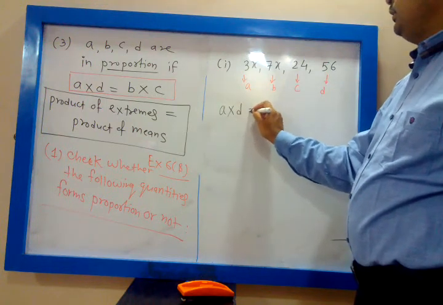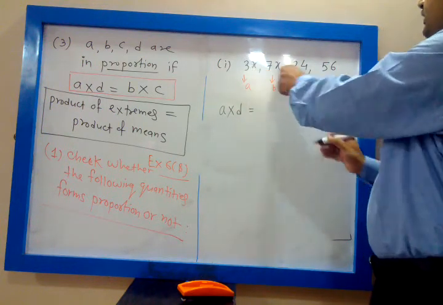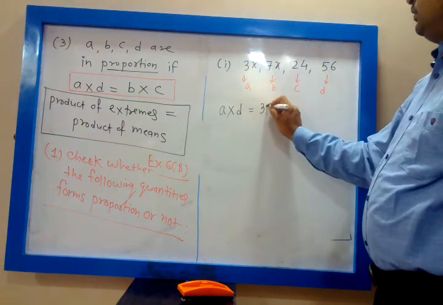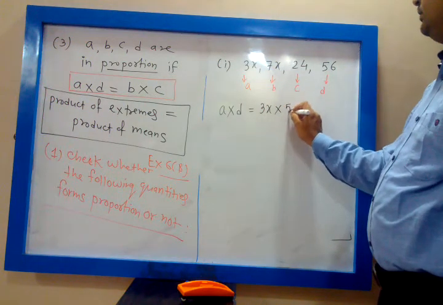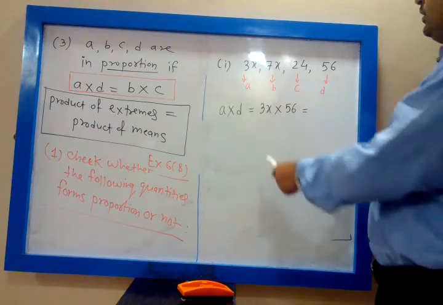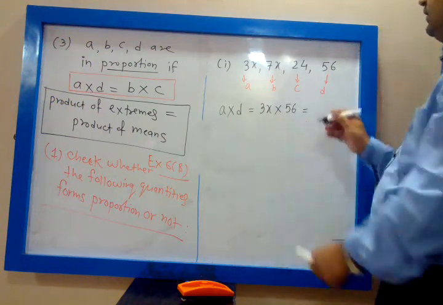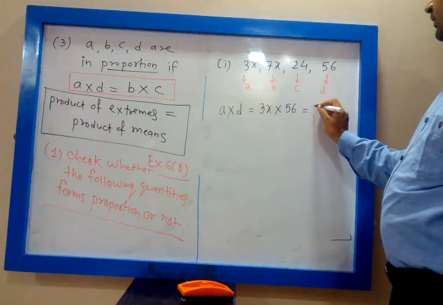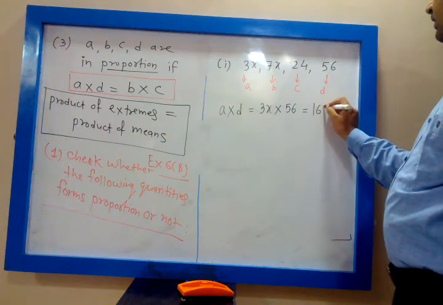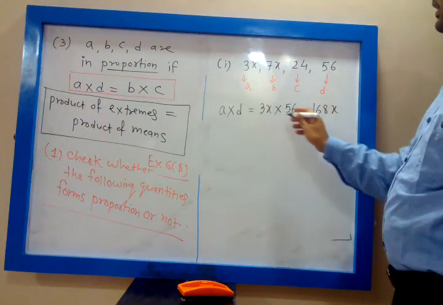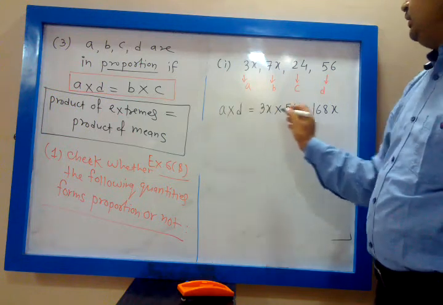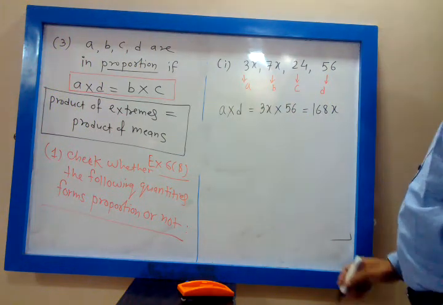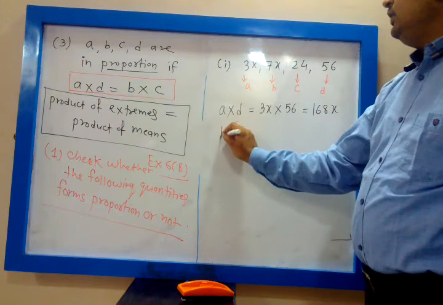So now we find what is A into D. We find product of extremes: 3x into 56. Multiply 3 and 56, 168x. X is also there, no? So A into D is 168x. What about B into C?